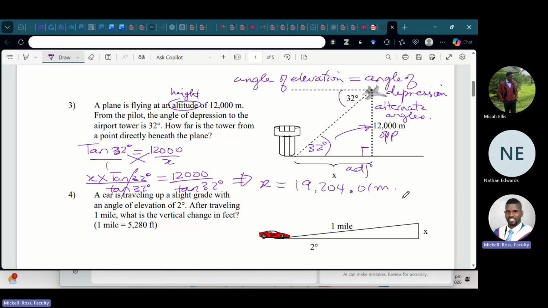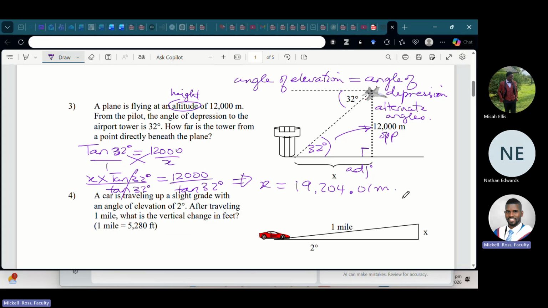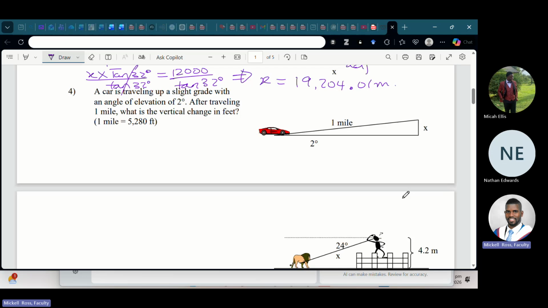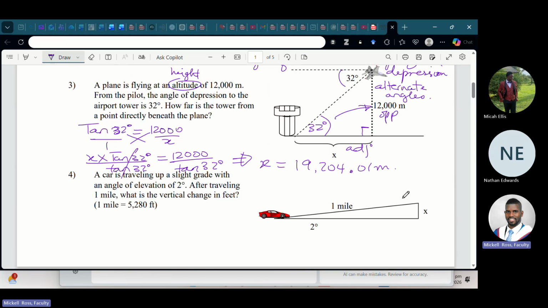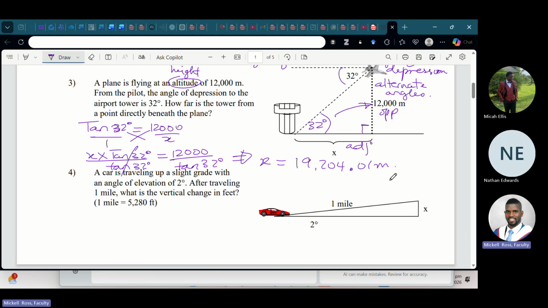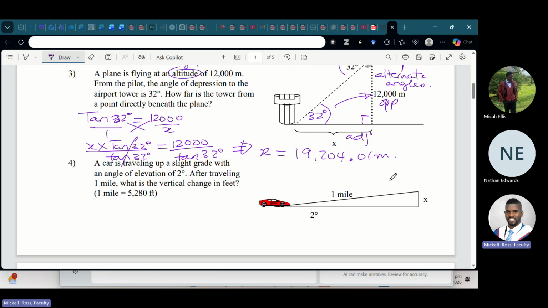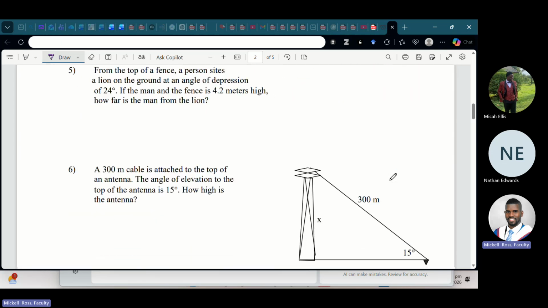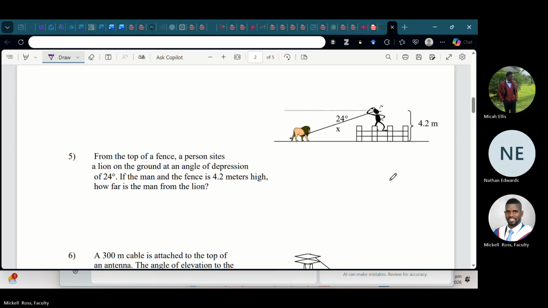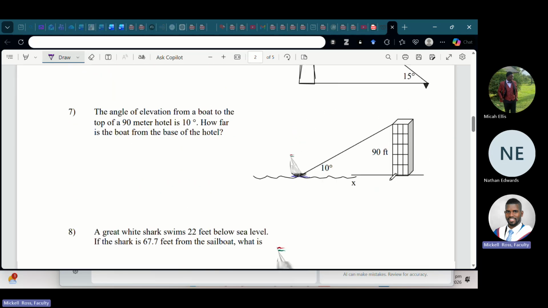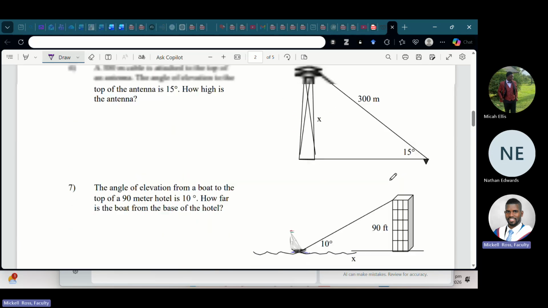All right, let's continue. As I mentioned to you, the document will be shared so that we have access to it. I'm not going to be necessarily doing all of them, because when you get the document, you can choose to work out a few questions as well. I'm not going to be working out all of them.